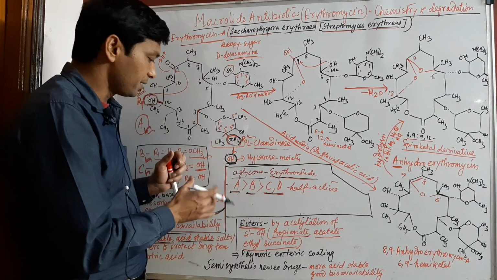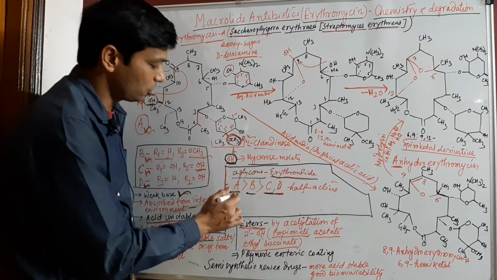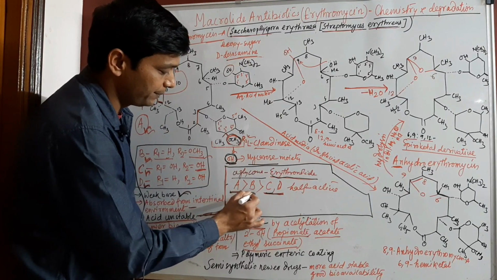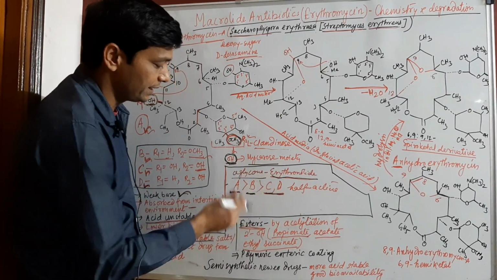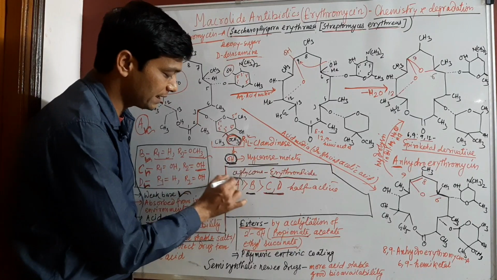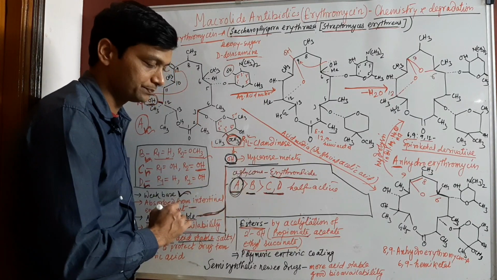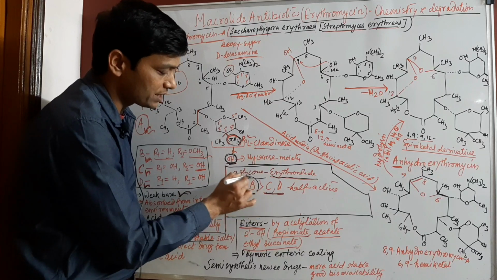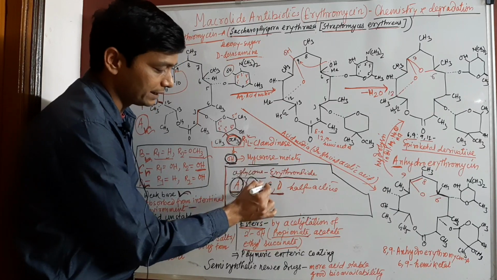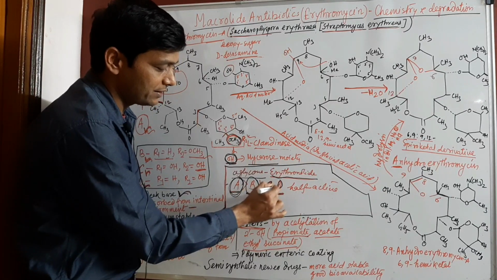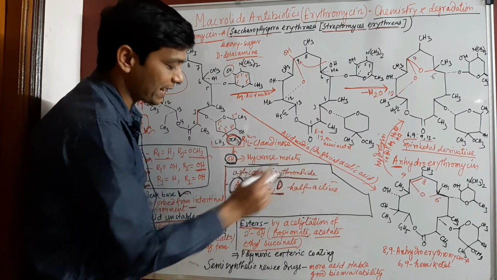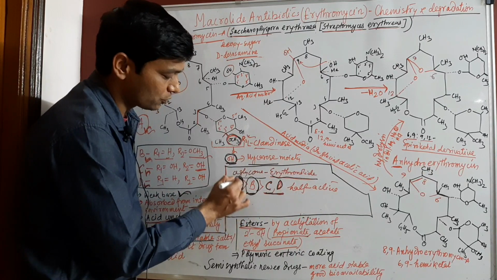Now, if you compare the activity of erythromycin A, B, C and D, you will find that erythromycin A is the most active, then erythromycin B, and erythromycin C and D are half as active as erythromycin A.